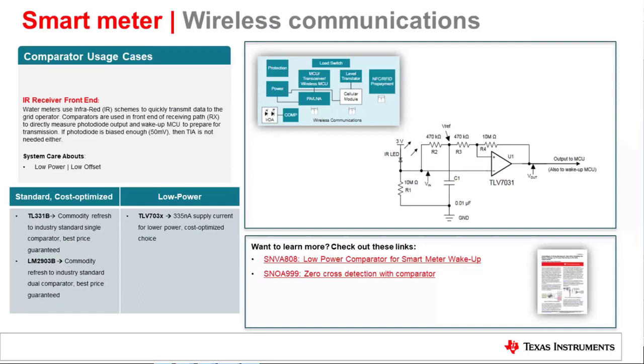And if you bias that IR LED high enough, let's say you bias it so the drop across it is about 50 millivolts, then you don't even need a transimpedance amplifier. You could just have a comparator sitting there detecting when that diode has a signal, and that will give you some kind of alert. It'll let you know when you're communicating with your heater. So again, we see standard comparators used here or low power. Collateral is there at the bottom, right?